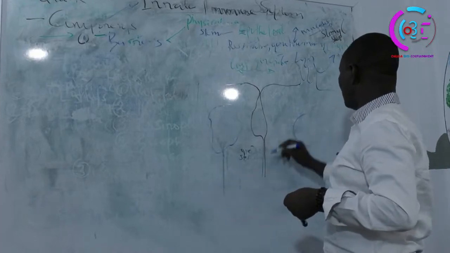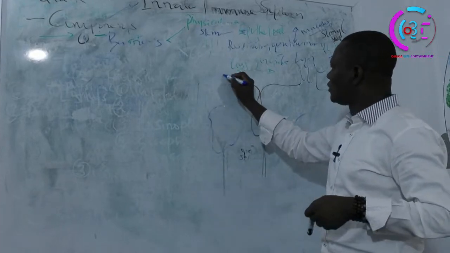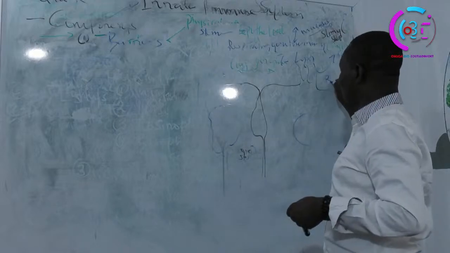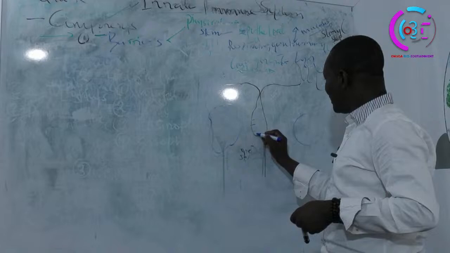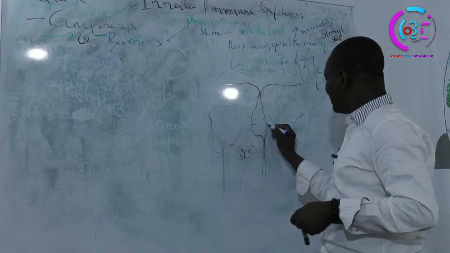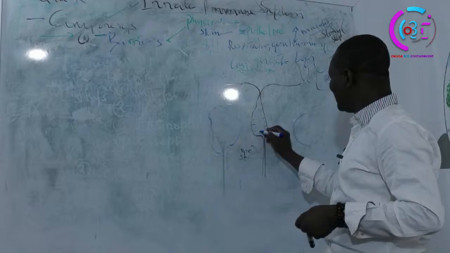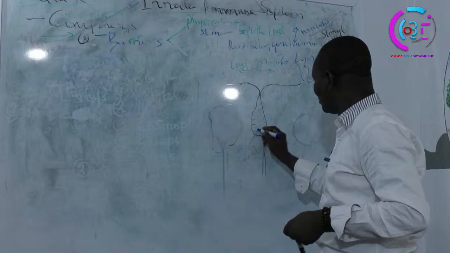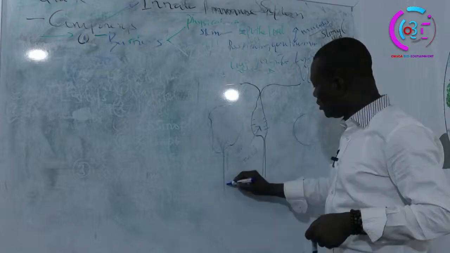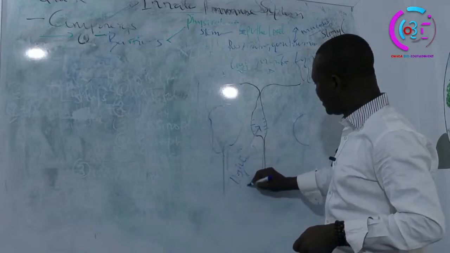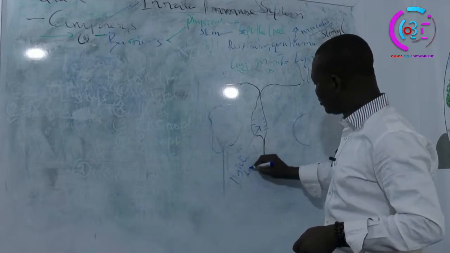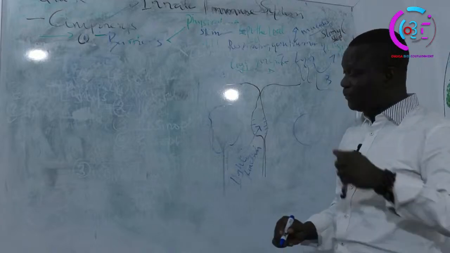Let's say this is the nucleus of cell A, and this is the nucleus of cell B. So here it is the epithelial cell. This is exactly where it is called the tight junction. This place is where it is called the tight junction. And what happens with the tight junction?